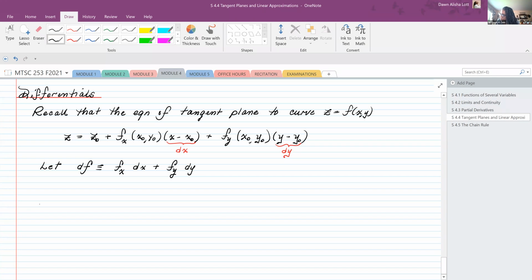Example. f of x, y is equal to x e to the y plus y e to the x. So f sub x is equal to e to the y plus y e to the x, and f sub y is equal to x e to the y plus e to the x.